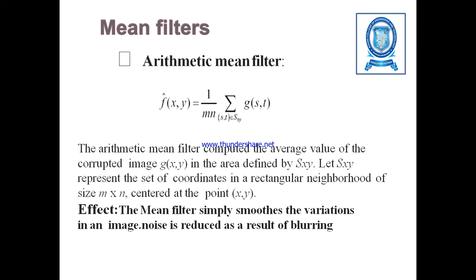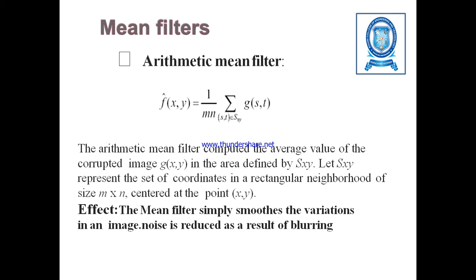Suppose we have an image S of x comma y, represented as a rectangular subimage of size m comma n. The arithmetic filter computes the average value of the corrupted image g of x comma y in the area defined by S of x comma y.